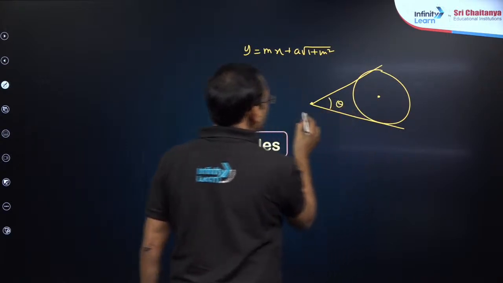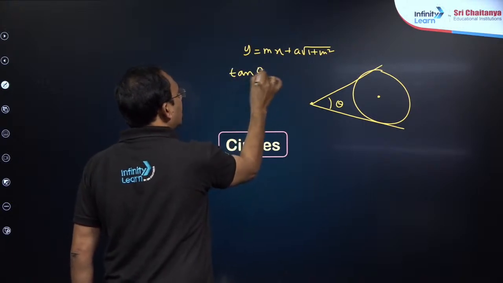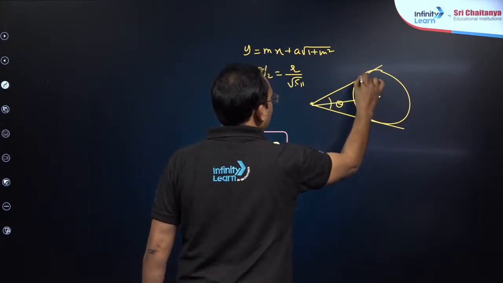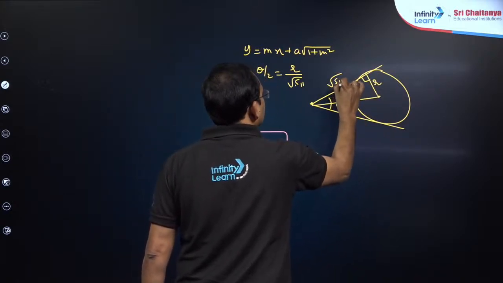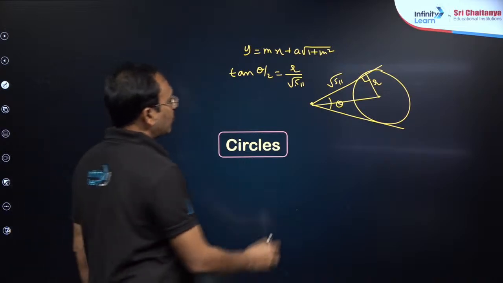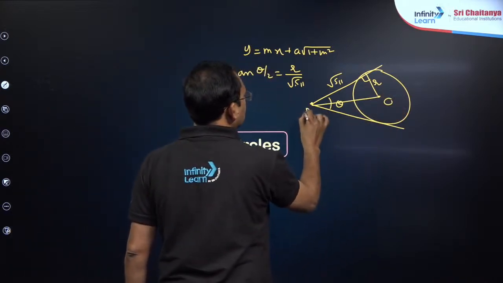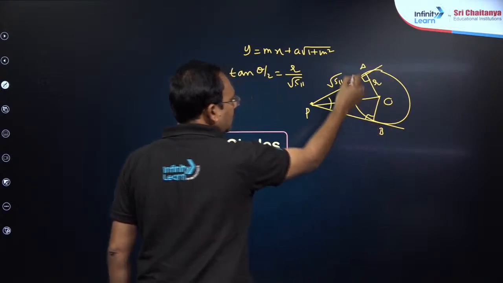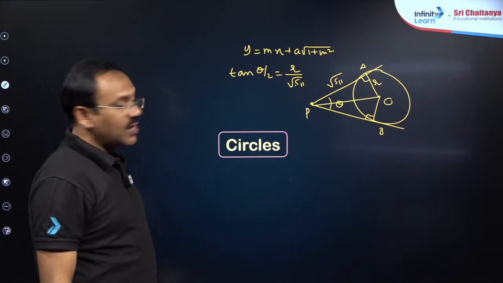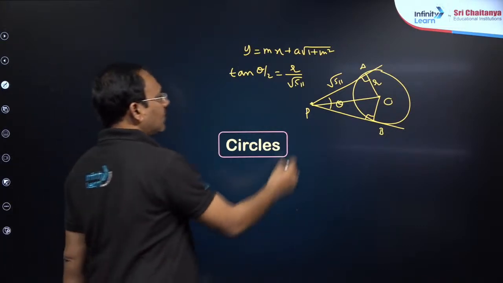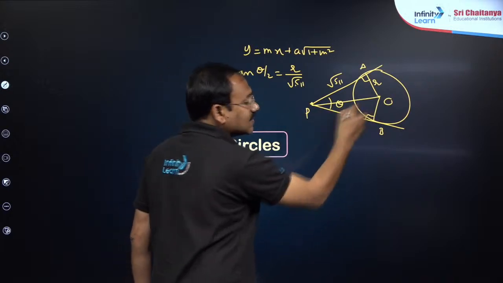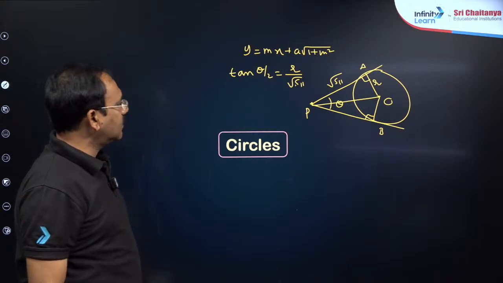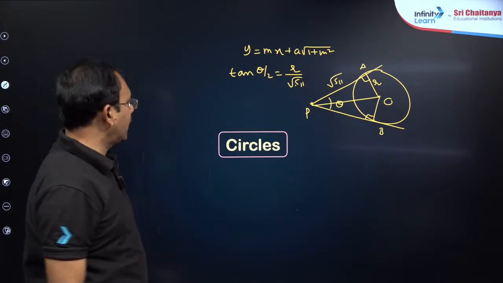If the angle between the two tangents is theta, tan theta by 2 is equal to r by root of S11, because this will become theta by 2, this is r, this is root of S11, my dear friends. Moreover, suppose this is center O, this is P, this is A, this is B. Here 90, here 90, in the sense PBOA is a cyclic quadrilateral, with PO as the diameter, because 90 and 90 are there. That is one important point.